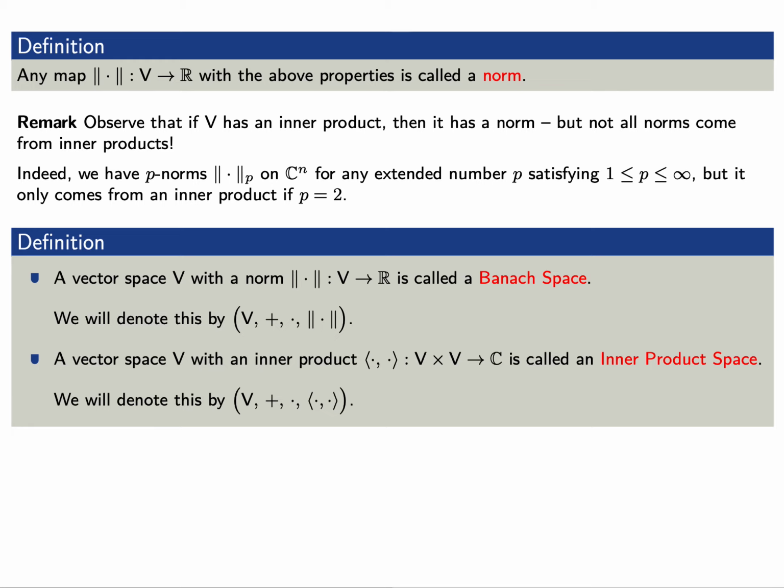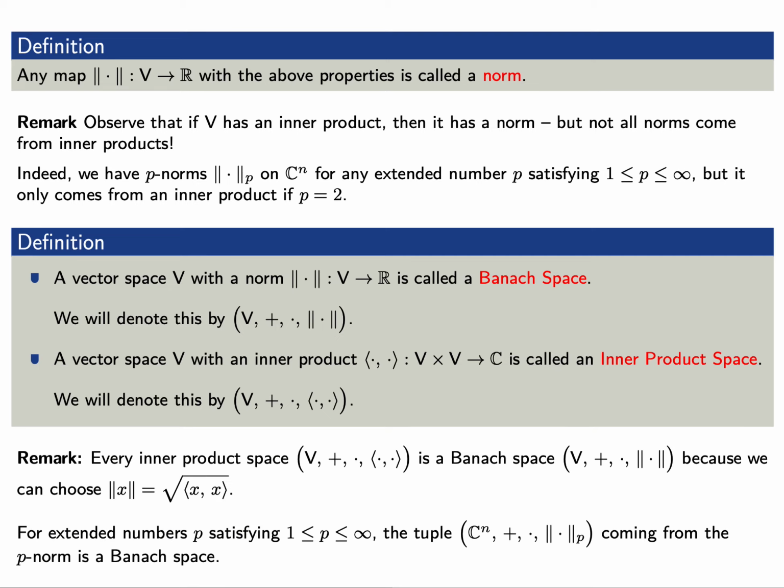A vector space V that has a norm is called a Banach space. And a vector space V with the inner product is called an inner product space. In this class, we're not going to focus on Banach spaces at all, but we will focus on inner product spaces quite a bit. We'll make here a couple of remarks. Every inner product space is a Banach space because we can always define the norm as the square root of an inner product of x with itself.